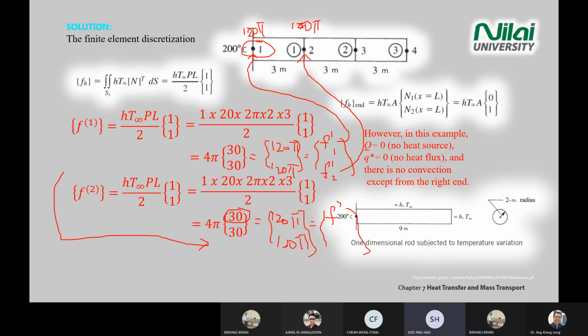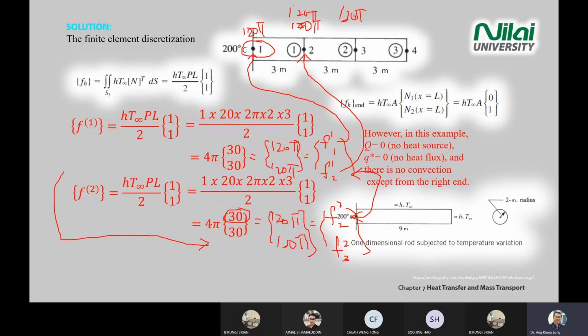Point number 2. F element 2 1. No, it's 2. Yes, F element 2 and F element 2 3. So the value for point number 2 here is 120 pi. Then here is also 120 pi. So it means that this value agrees with the previous one.